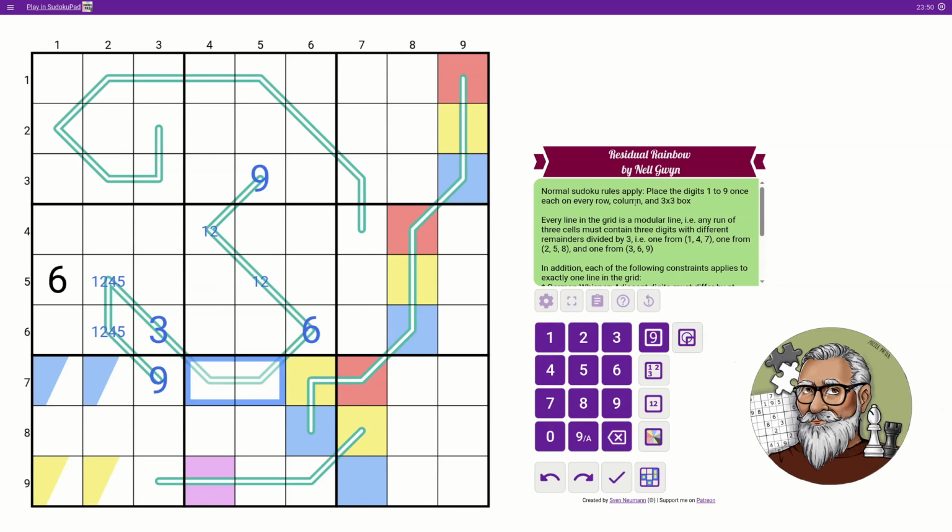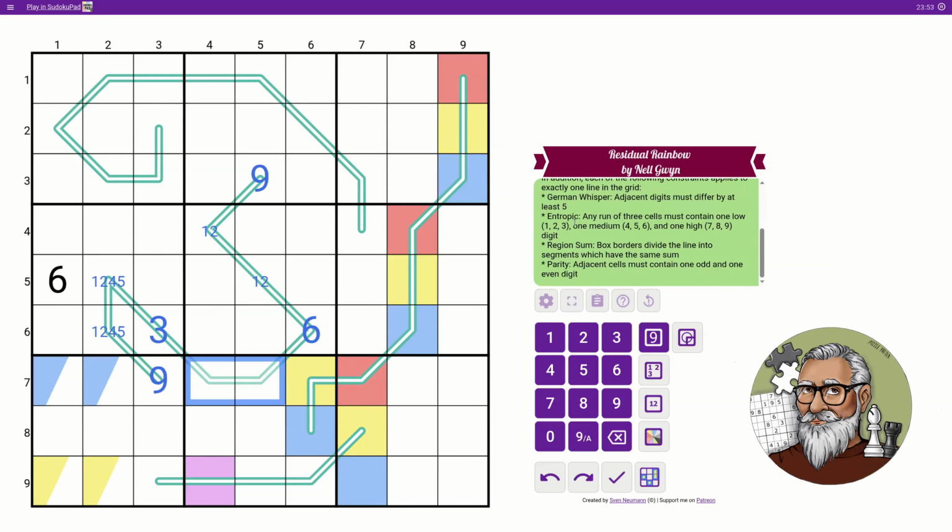Okay, what am I still missing? I'm missing the parity and the German whisper. Parity and the German whisper.